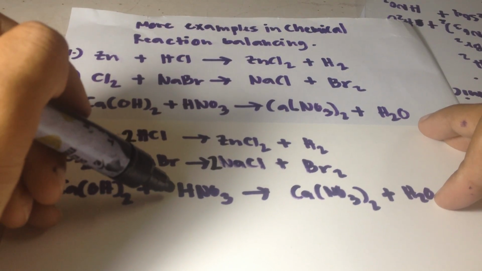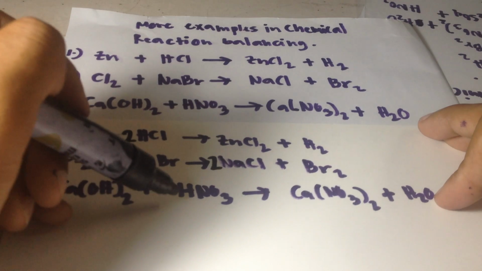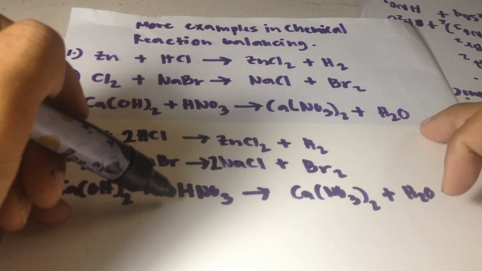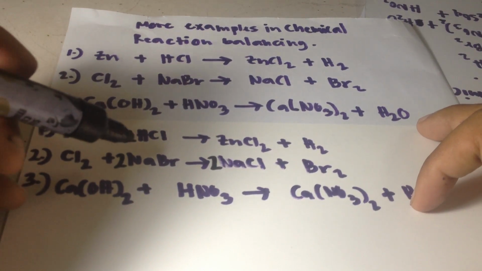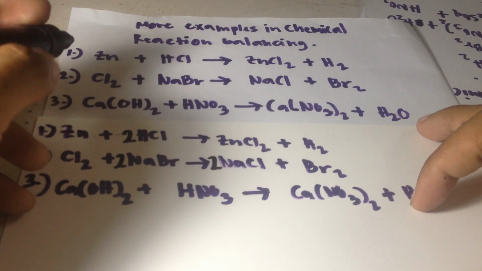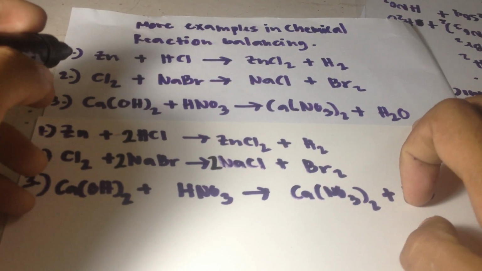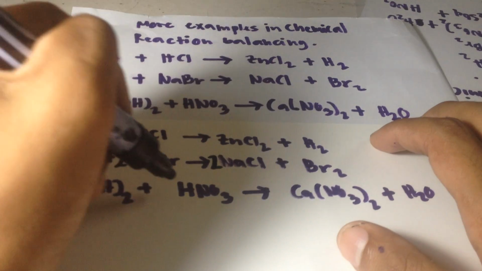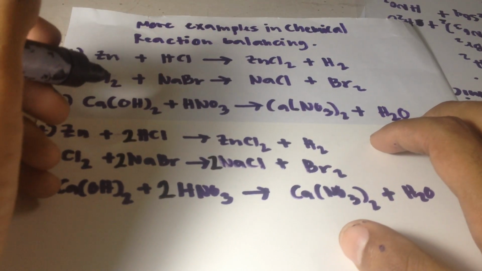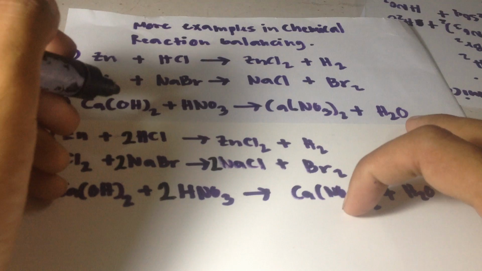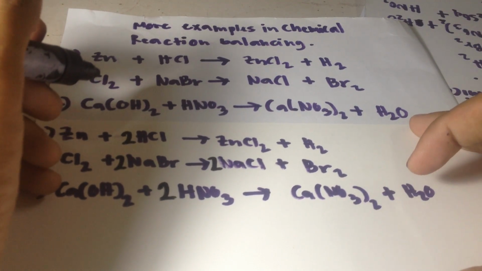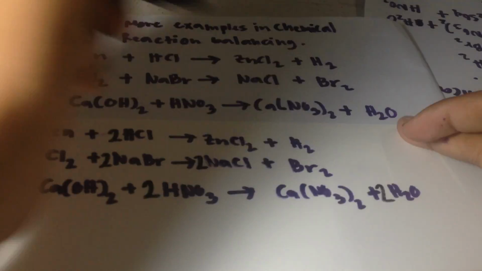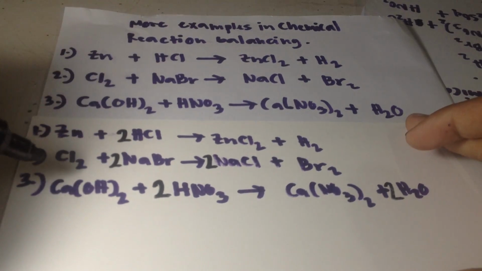And hydrogen has 2 plus 1 is 3, and hydrogen here is 2. So we need to balance the equation. So you multiply by 2 here, and calcium is already balanced, and you multiply by 2 in water. So it's completely balanced.